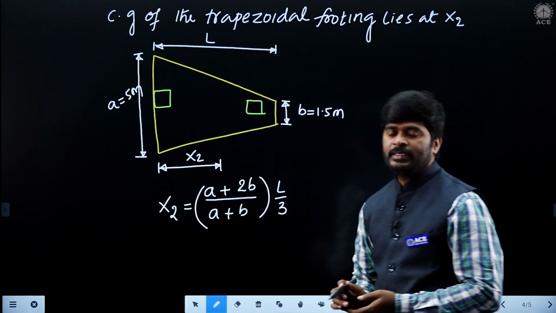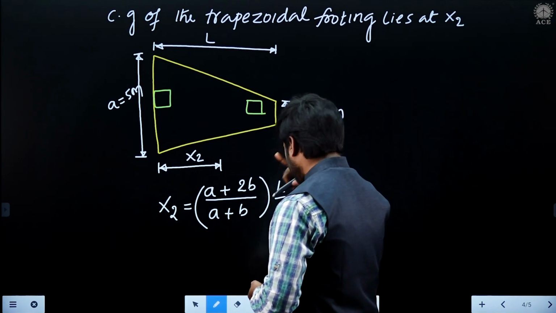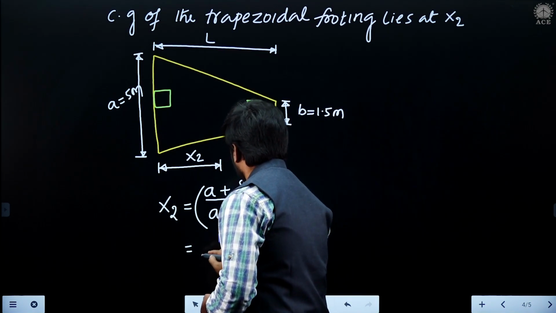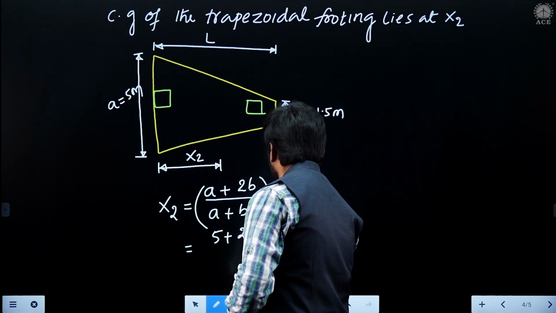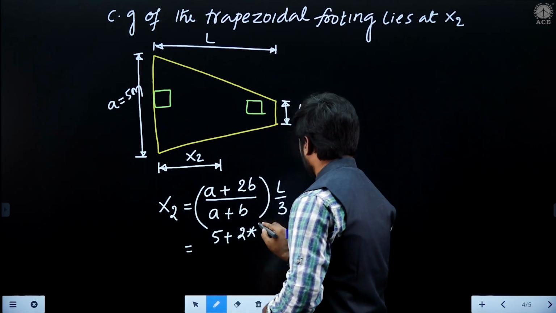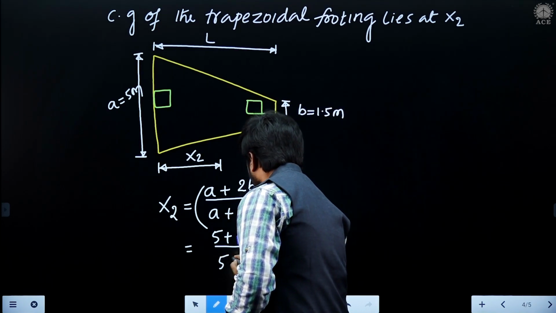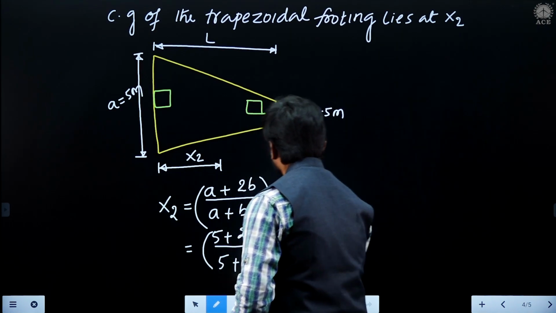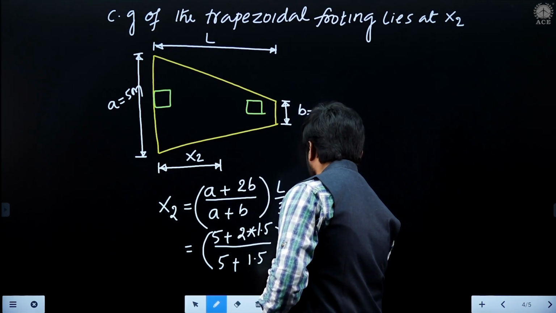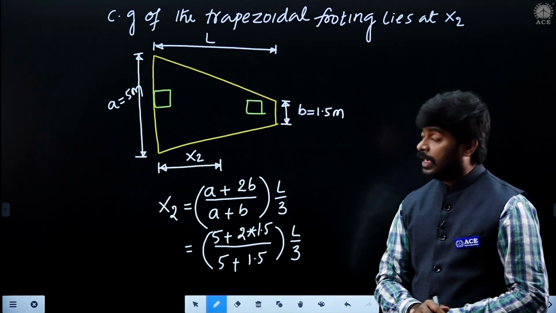A value is 5 plus 2 times B, B value is 1.5 meter, upon 5 plus 1.5, into L by 3.